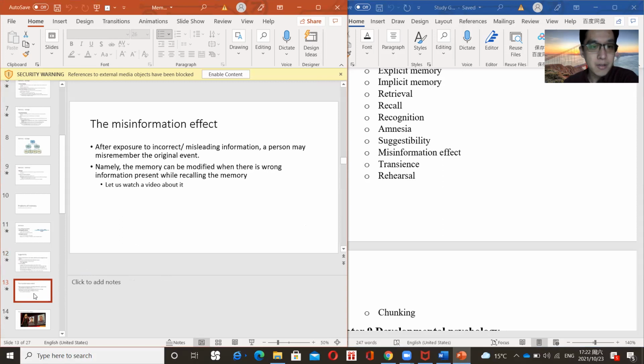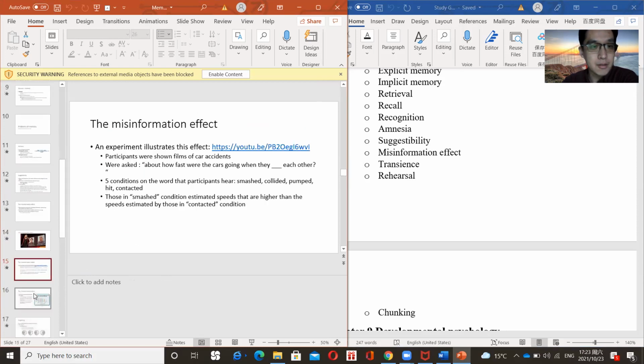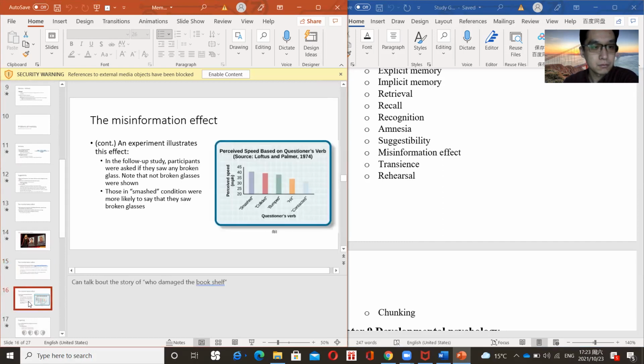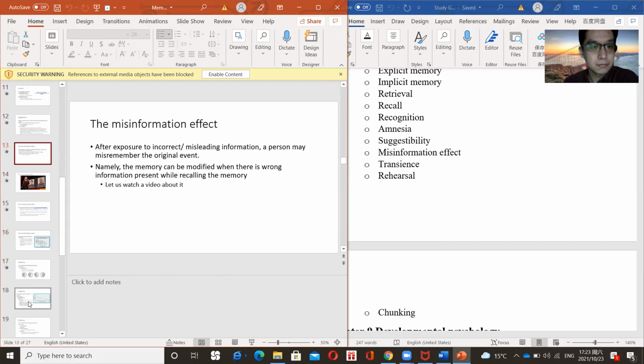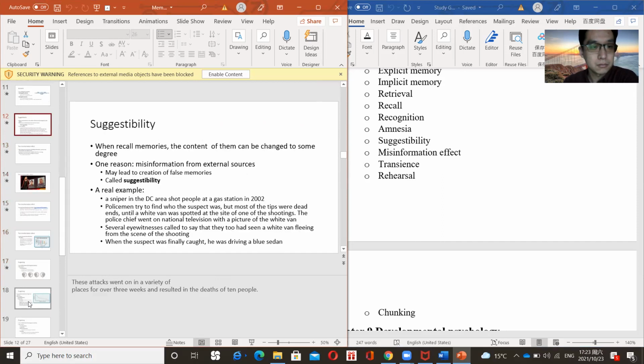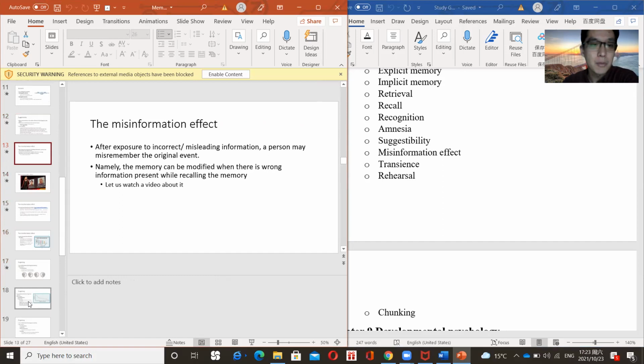The misinformation effect is just that misleading or incorrect information is exposed to a person.